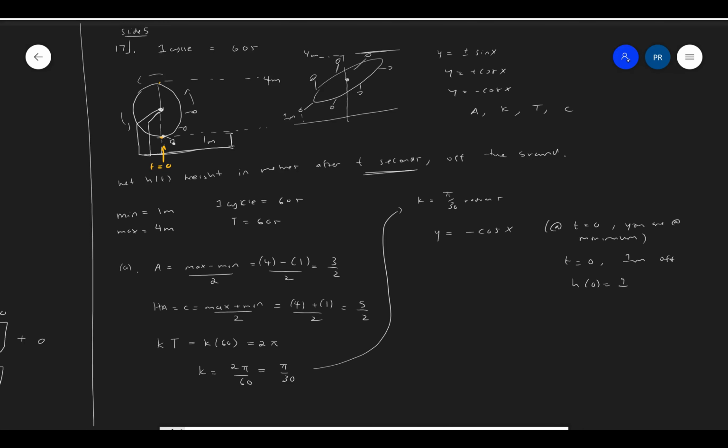Okay, and now you understand that, because you made a decision on what function to use, right? You want to model your equation now. h of t is negative a cosine k times t minus h, plus c. If you use the right equation, guys, because we're using a cosine function and the graph starts at the bottom, our h value is 0, right?